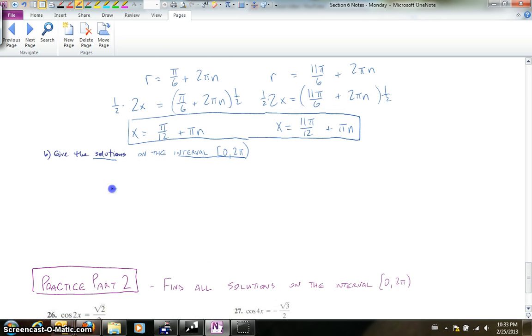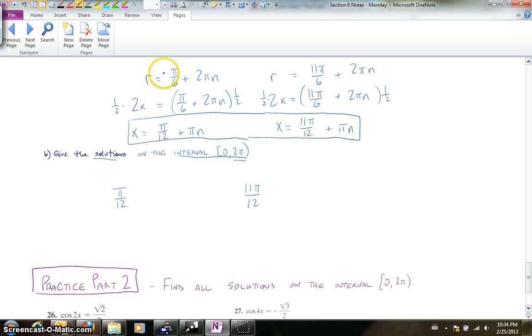Well, pi over 12 is both greater than 0 and less than 2 pi. So pi over 12 is on that interval, as is 11 pi over 12. Both of these fit the conditions to be in this interval. Now, in the previous problems we've tried, since the general solution had plus 2 pi n in them, we did not have to find any more, because adding 2 pi to any angle would clearly take us out of the interval 0 to 2 pi.